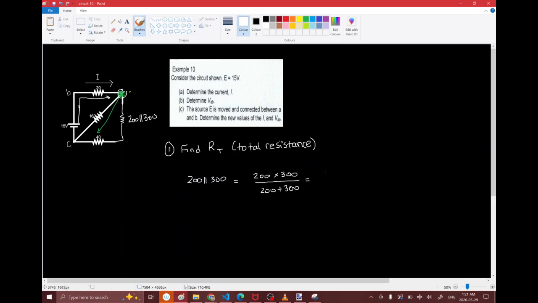And so that's going to equal 60,000, I think, divided by 500. And that should equal, two zeros are gone there, so it's going to be 1.2. I'm not using a calculator here, but it should be about 120.